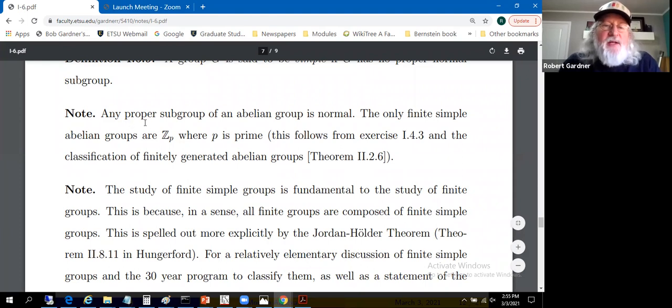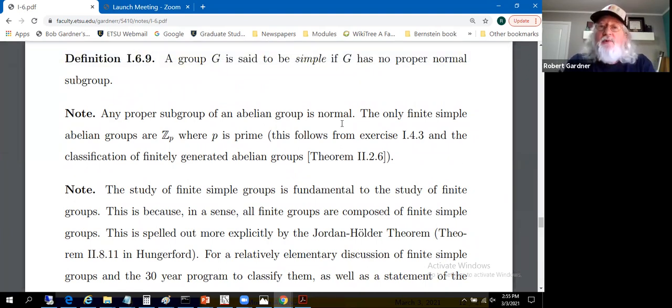First, an observation about simple groups. Any proper subgroup of an abelian group is normal. For abelian groups, all subgroups are normal. So the only way we could have a finite abelian simple group would be to have a group with no proper subgroups. So take the integers mod p, where p is prime.